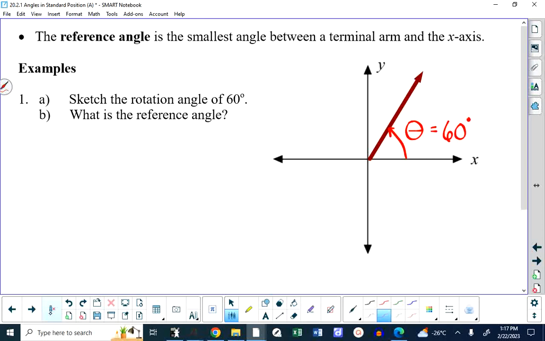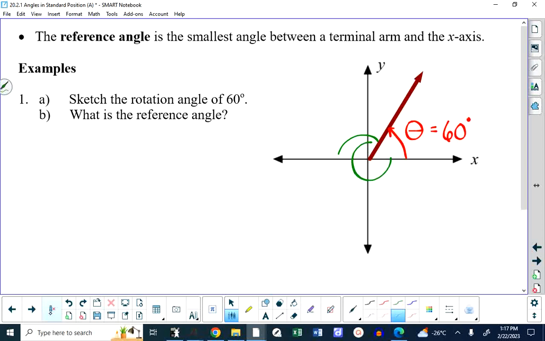Now, what is the reference angle? Look at the definition at the top of the screen. The reference angle is the smallest angle possible from the terminal arm to the x-axis. So, I can get, don't draw this, I can get from the terminal arm to the x-axis this way. I can get from the terminal arm to the x-axis this way.